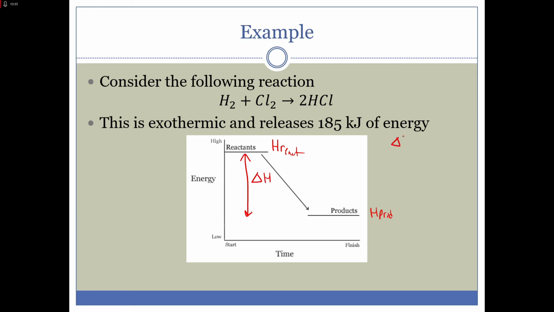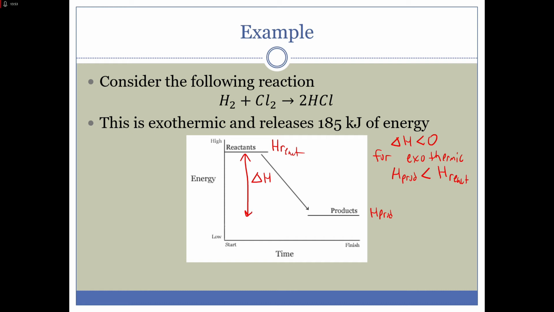Okay. Delta H is less than 0, or negative, for exothermic. And H products, the energy in the products, is less than the energy in the reactants.